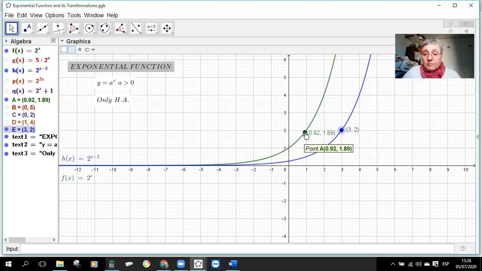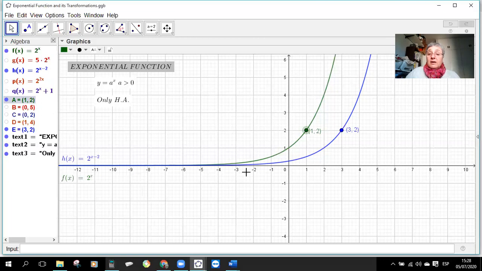Here, let me move this point so you can see what happens with the coordinates. The value of y remains the same, and the value of x has been increased by 2 units, because since you have here -2, that is a horizontal movement as long as this -2 affects the x.